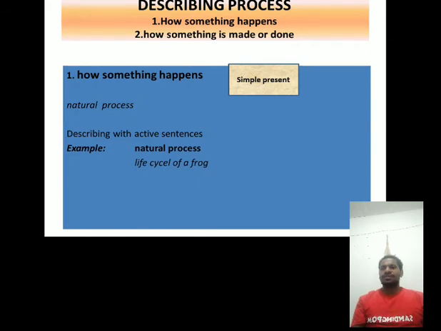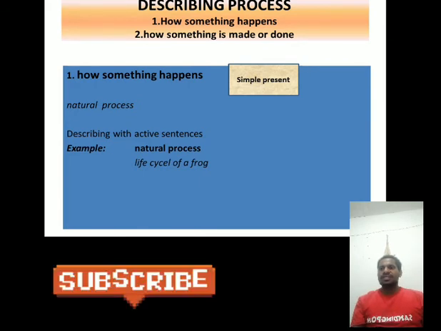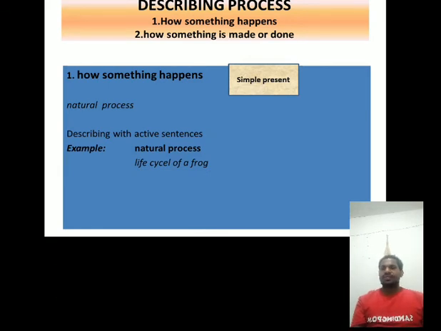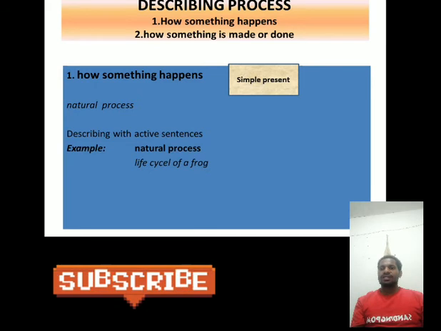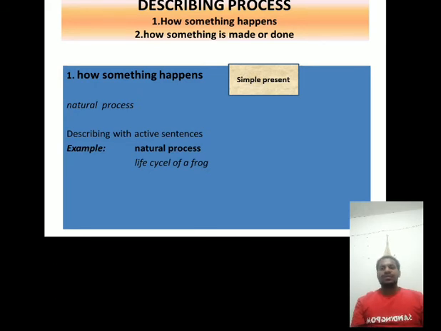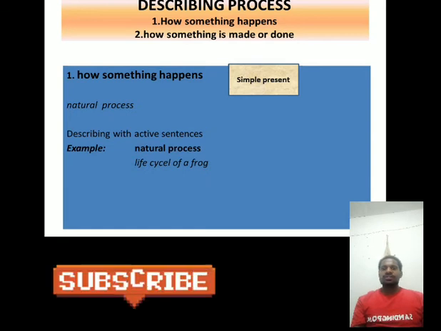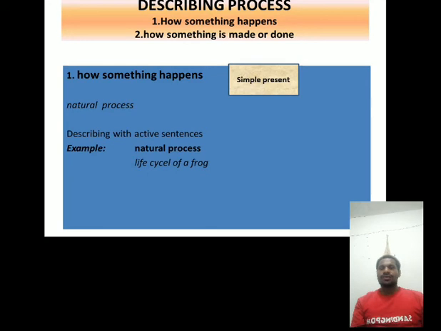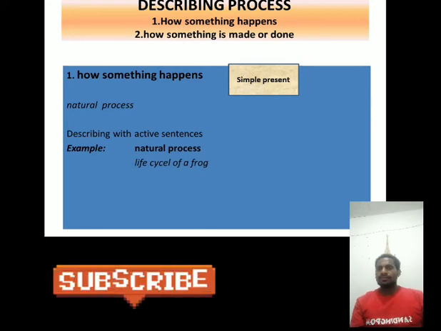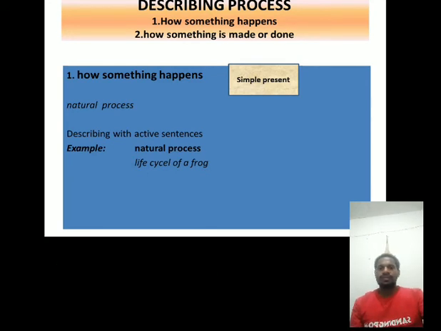So pada part 1 yang how something happens, natural process, yang dimana menjelaskan menggunakan active sentences. Contohnya seperti yaitu natural process pada life cycle of a frog atau perputaran hidup dari kodok.